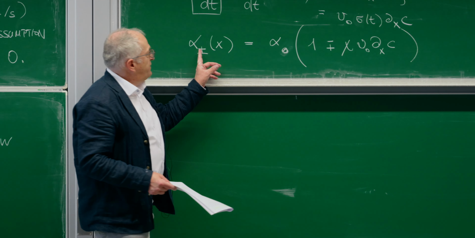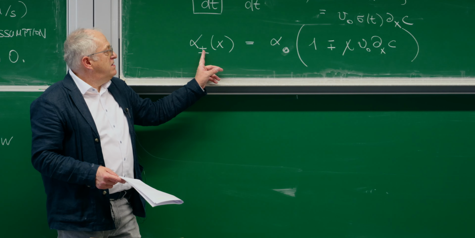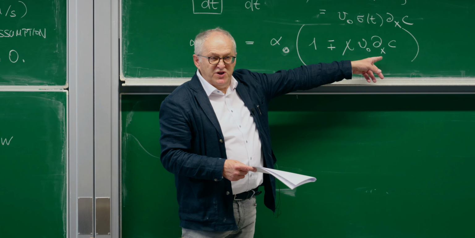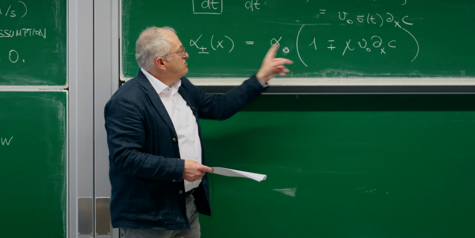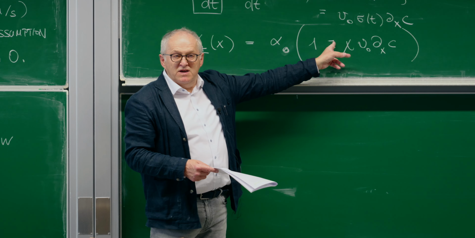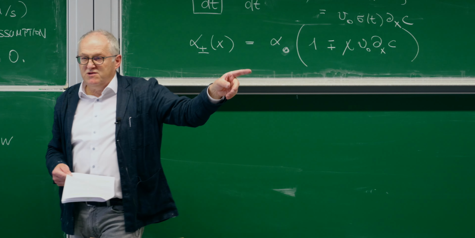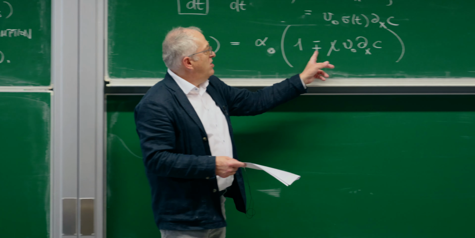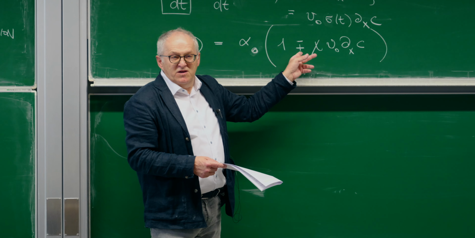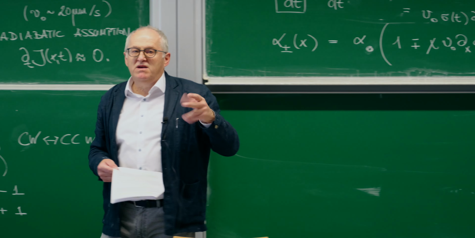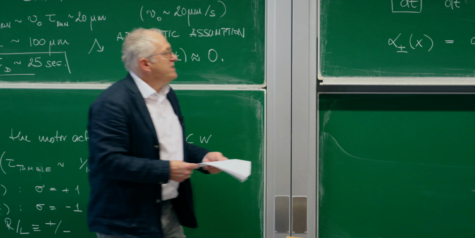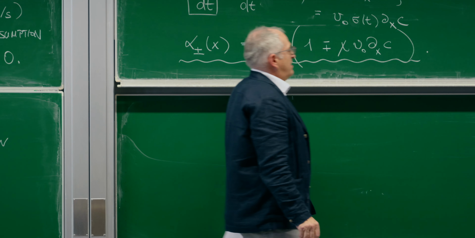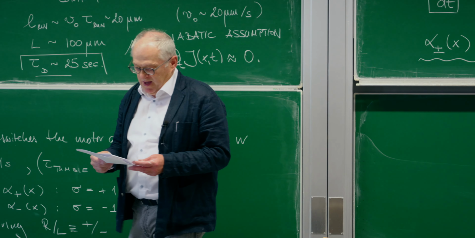So what does that mean? If it's moving up in the forward direction, then given the gradient in the forward direction, which increases with increasing x, it reduces, therefore the minus, the rate to switch back. So if you're moving the right direction, you keep on going, you don't switch back. If you go the wrong direction, which is in the minus direction, you increase your rate of flipping in the other direction. Okay? So that's what we basically assume to be the case for the sensing mechanism in these bacteria.